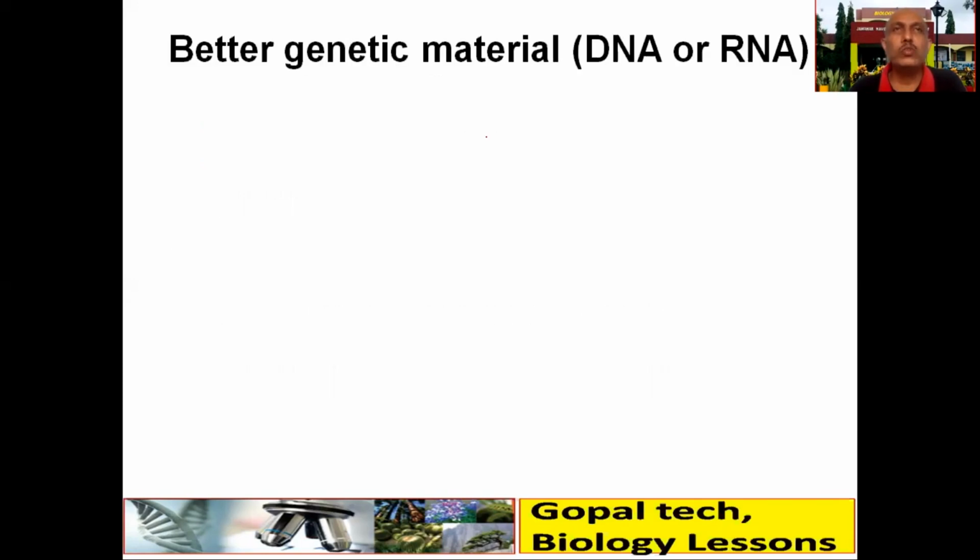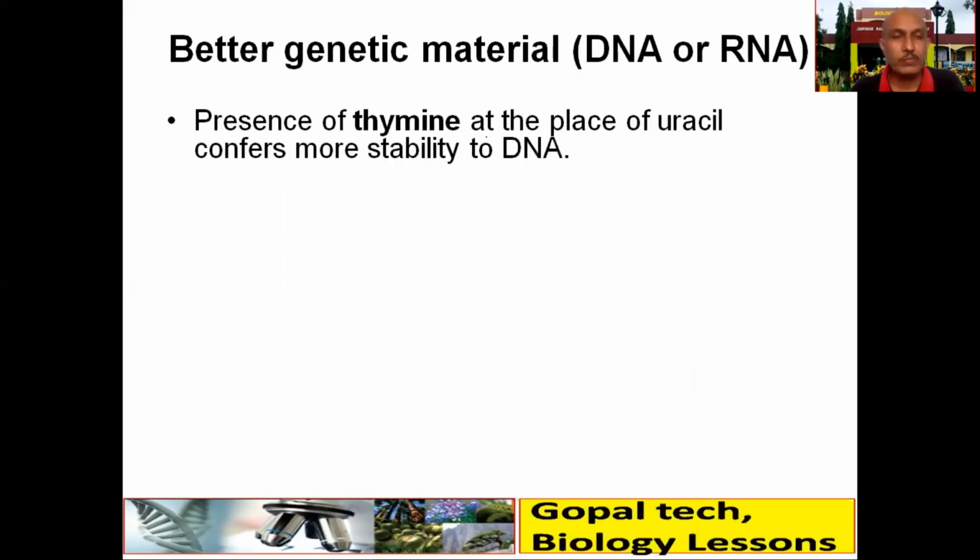Now, why is RNA unstable? We have seen the two reasons. Second, which is the better genetic material, DNA or RNA? See, the presence of thymine in place of uracil. Thymine is present in DNA and uracil is present in RNA.